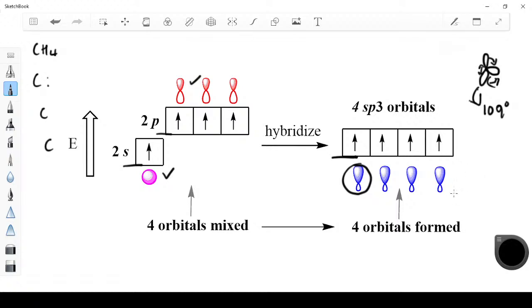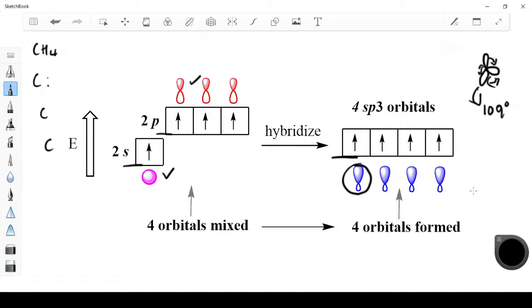The new hybrid orbitals formed are much stronger than the bonds formed by the atomic orbitals due to the thick electron density, right? And a very important thing that you have to keep in mind is hybrid orbitals never form pi bonds. They do not form pi bonds because they only have one overlapping zone.